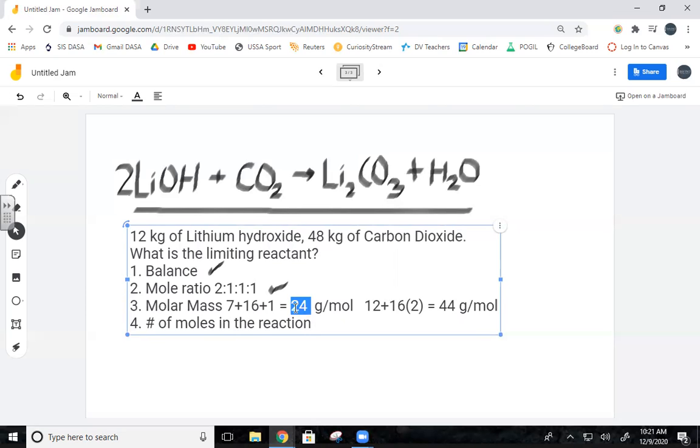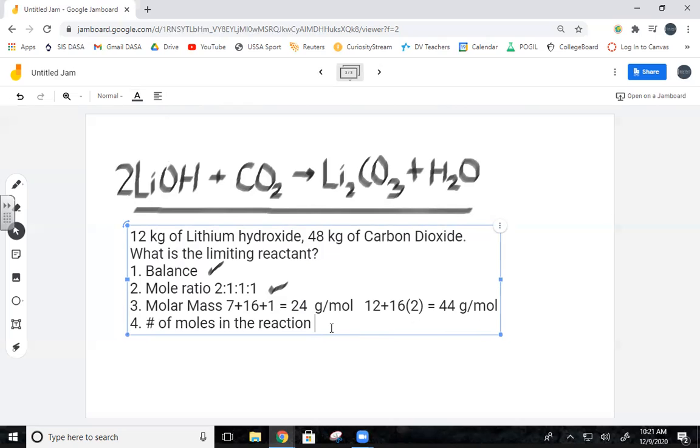So we're going to take this here. Oh no, that's not what I want. I just wanted the one thing. All right, whatever. The number of moles of the reaction.